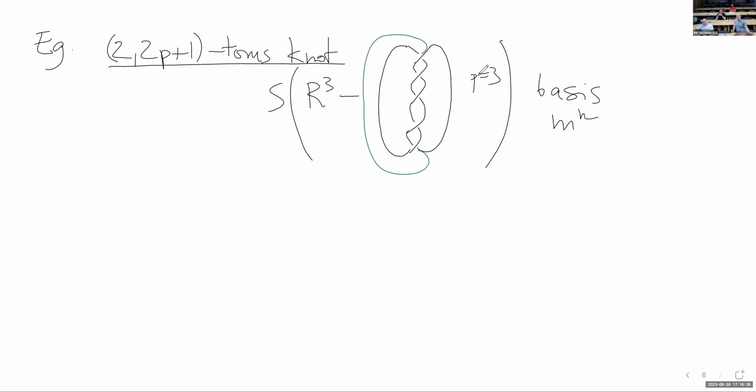So its basis is the following elements: m to the power n, gamma to the power k. Actually, it's good, maybe I have a green marker. I don't know why I have a green one, but it's good. This is a meridian. And m to the power n means n meridians like that.